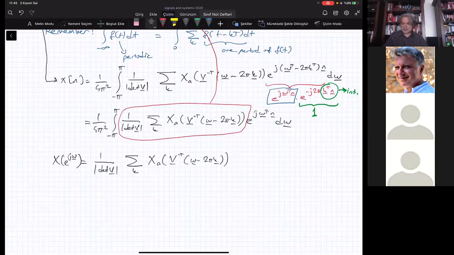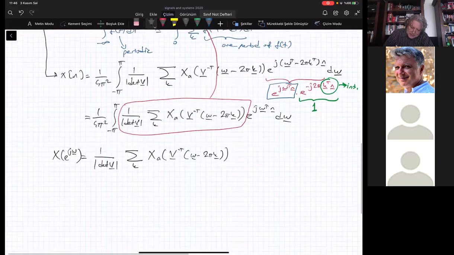Okay, that's what we have. Now this expression resembles the sampling. Oh, excuse me, this k is, by the way, from minus infinity to infinity. I was confused with the downsampling issue, but this is not downsampling, this is sampling. We are doing sampling right now. So k is indeed from minus infinity to infinity.